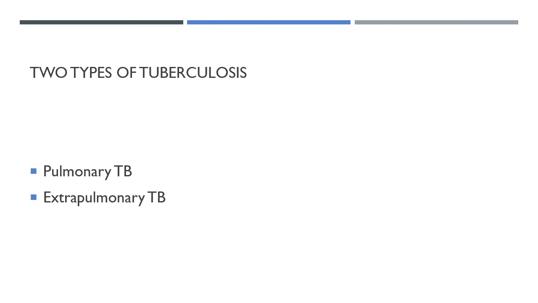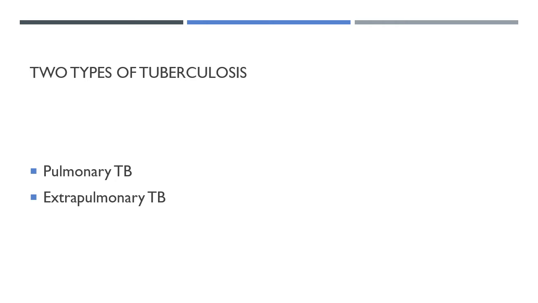So basically, we have two types of TB: pulmonary TB and extrapulmonary TB. Like I mentioned before, pulmonary TB is the most common one. It's an active infection in the lungs, and it's the most important because it's highly contagious due to its mode of transmission, which is through mucus.